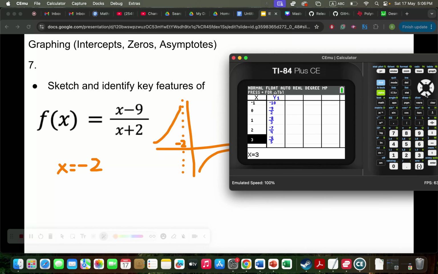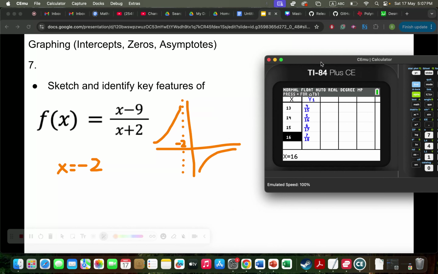I'm expecting the y to be a negative value. So you realize that when x gets bigger, you should get a number here, which makes perfect sense in a way.